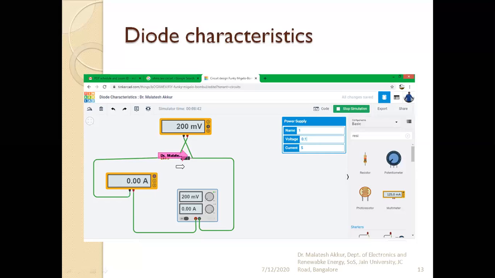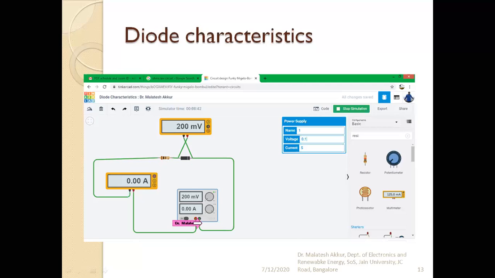The P type, or the anode, is connected to the positive of the power supply, and the cathode is connected to the negative of the power supply. If P type is connected to positive and N type is connected to negative, we call it forward bias.